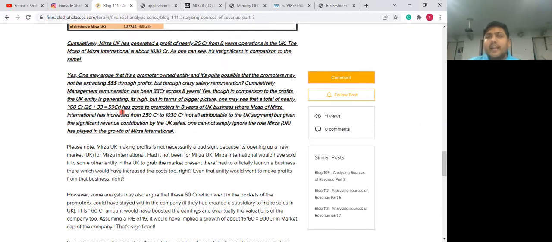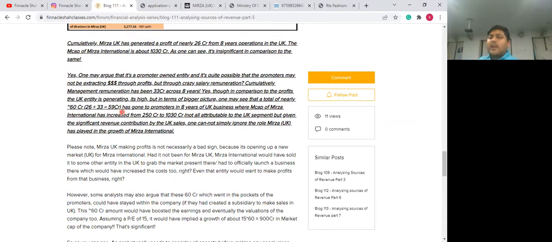Let's not forget the ride which Mirza International, basically the listed company, had on the back of Mirza UK operations, because had they established a new subsidiary from scratch in 2013, maybe the same kind of growth rate one wouldn't have got as compared to the established brand of Mirza UK in those markets, even though it's the same product. But to have started operations from scratch and scaling up in 8 years may not have resulted in the same amount of money which Mirza UK made.